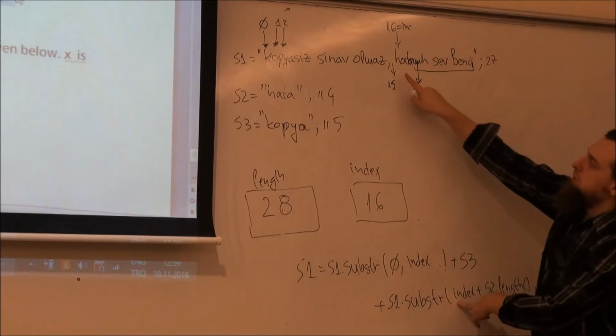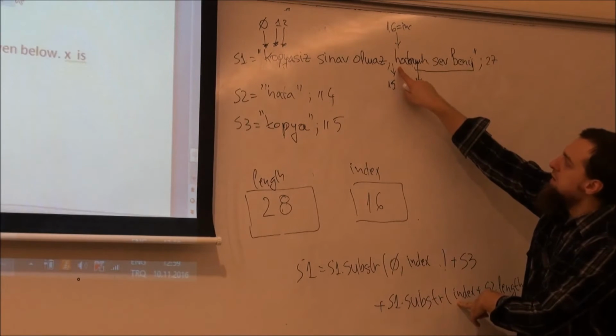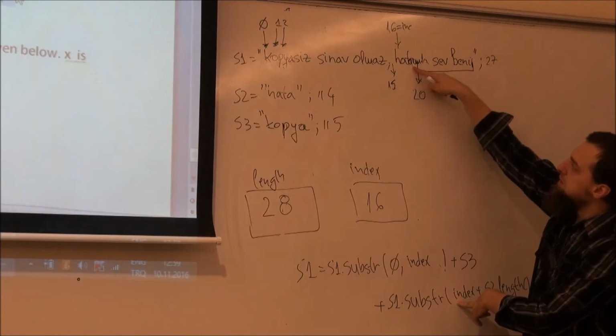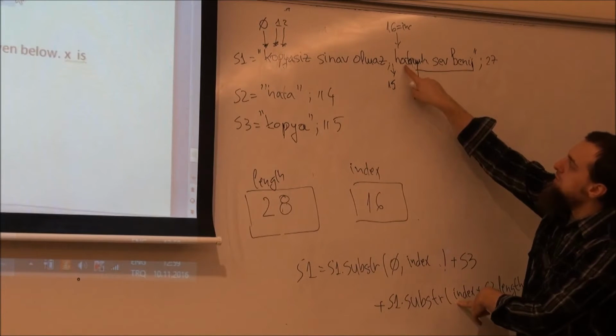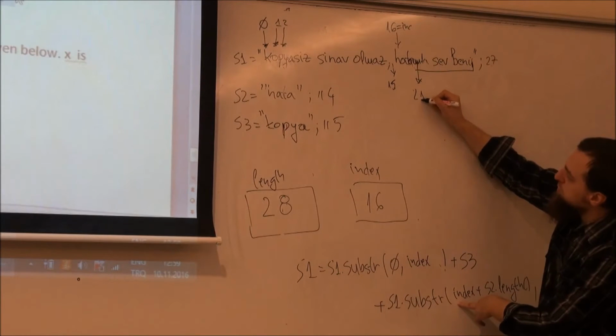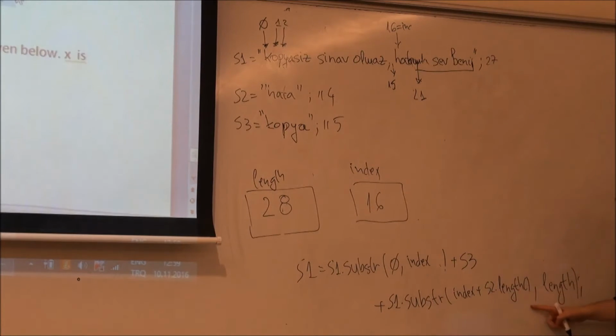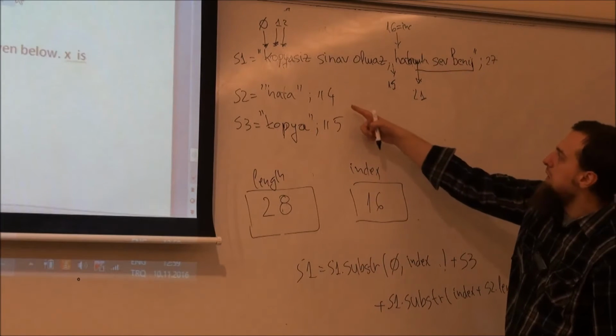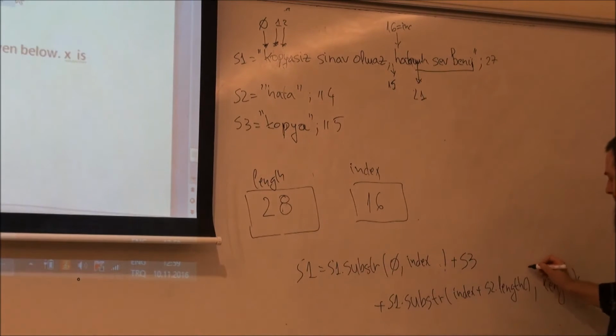So if the index where the hata occurs is 16, plus 4 more characters, it's 20. 16, 17, 18, 20. 21 actually, we should start from 21. Okay, and this is by the length. Length is 4, so we should start plus 1 here. And I go up until the end.